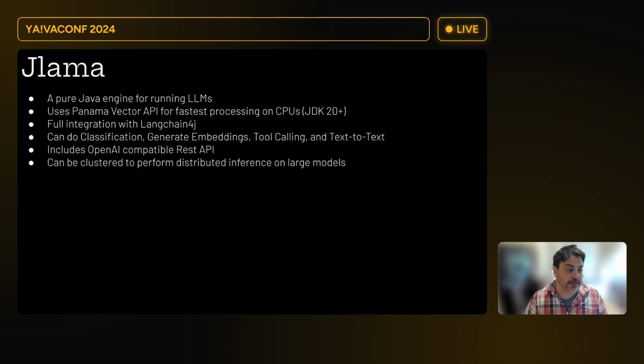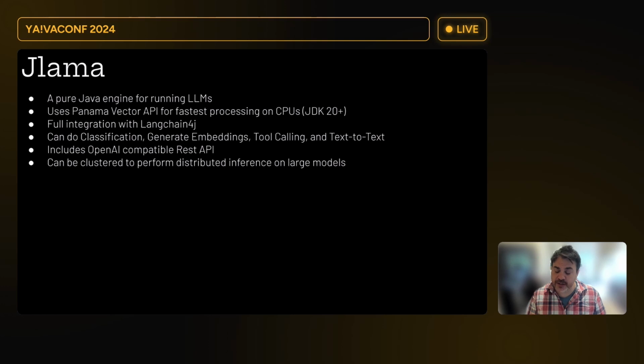All right, so what is Jlama? Jlama is a pure Java engine for running inference on these large language models. It's built using JDK 20 and up, because it uses the Panama Vector API.